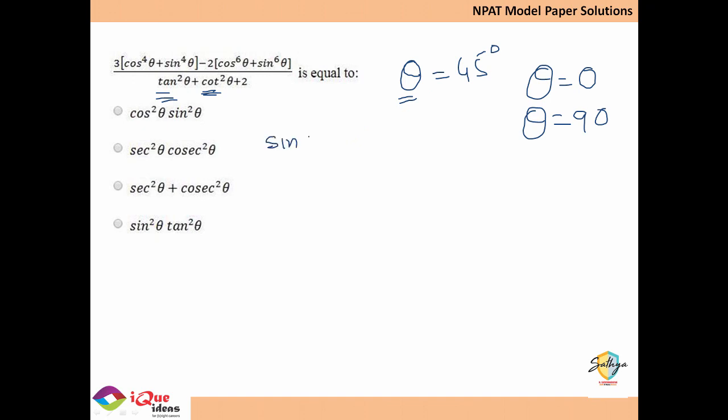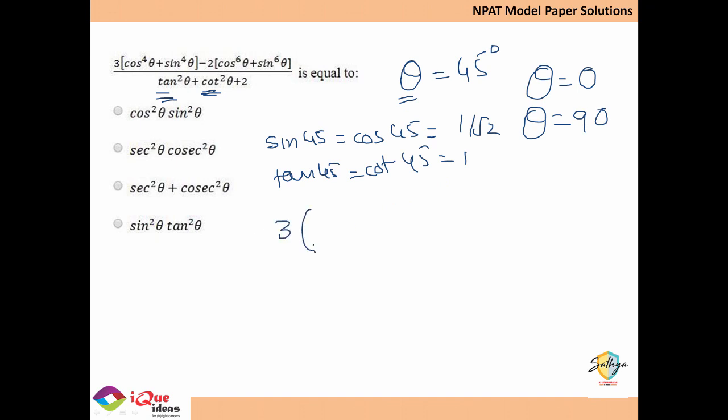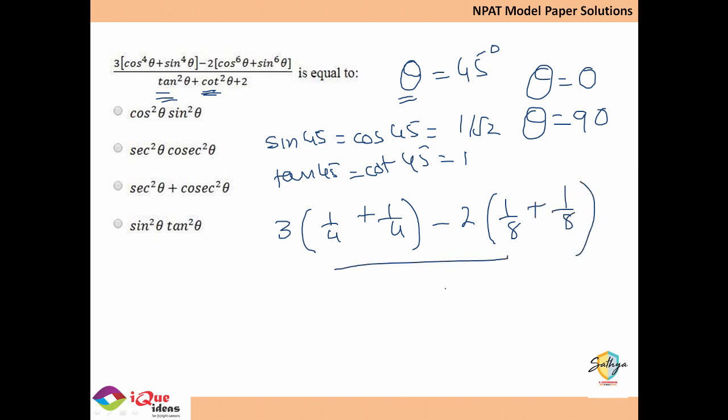Why? Because for 45 degrees, sine 45 is the same as cos 45, which is equal to 1 by root 2. Tan 45 is the same as cot 45, which is equal to 1. So by just putting these values, I get 3 times cos 4 theta is nothing but 1 by 4 plus 1 by 4 minus 2 times (1 by 8 plus 1 by 8) the whole upon 1 plus 1 plus 2.